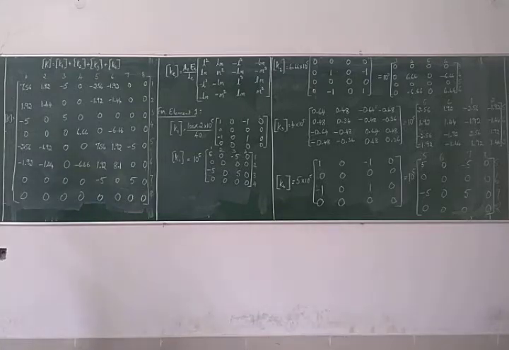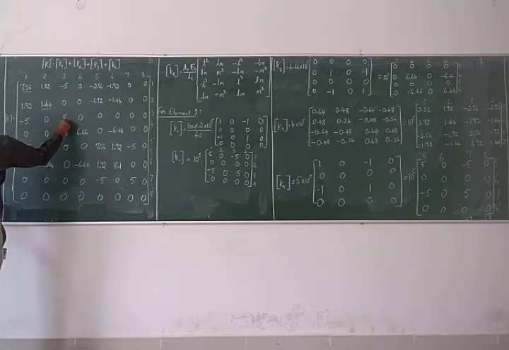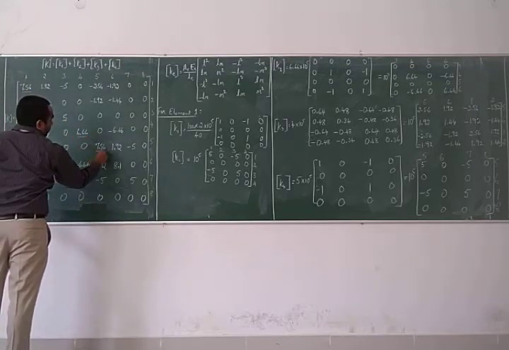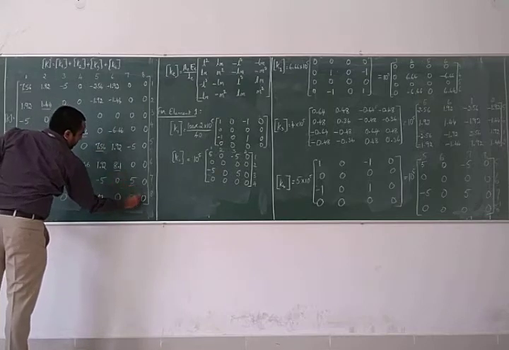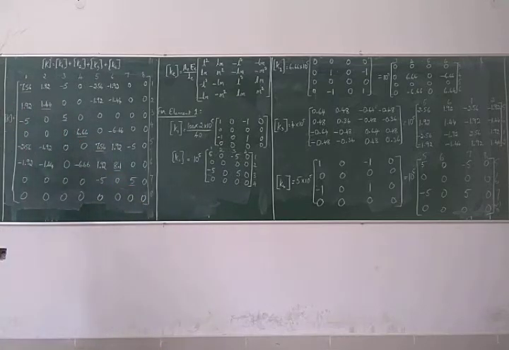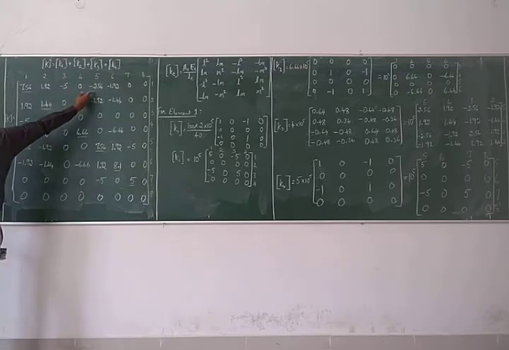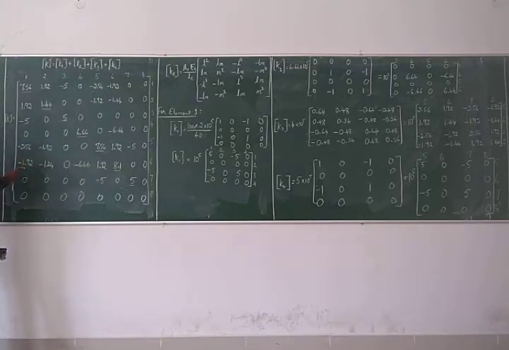How do you verify if it is correct or not? Leaving apart the diagonal matrix, 7.56, 1.44, this is the diagonal matrix, 4, 4 here, 5, 5 here, 8.15 and 0. The original elements should be symmetric. So 1.92, 1.92, -5, -5, 0, 0, 0 and 0, 0, 0, -2.56, -2.56 is -1.92, -1.92, 0.